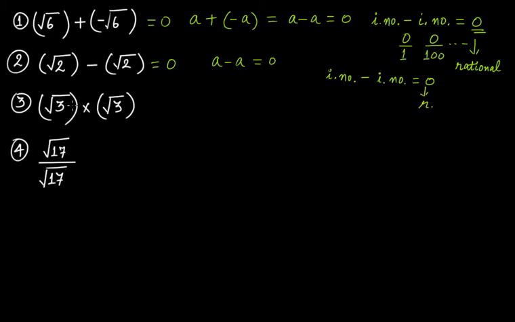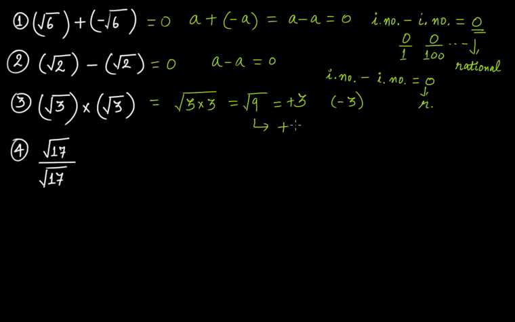Okay, what about this one? Square root of 3 multiplied by square root of 3. Now square root of 3 multiplied by square root of 3 is square root of 3 multiplied by 3, that is, if you solve it, you'll get 3, right? We are ignoring the negative number, we are just taking the positive number, because square root of 9 is plus 3 and minus 3.